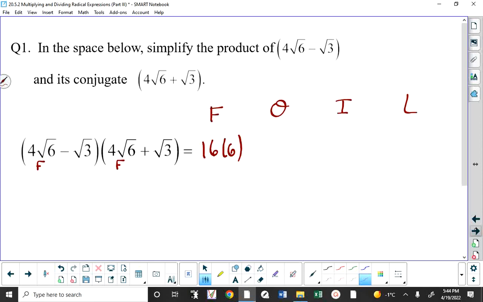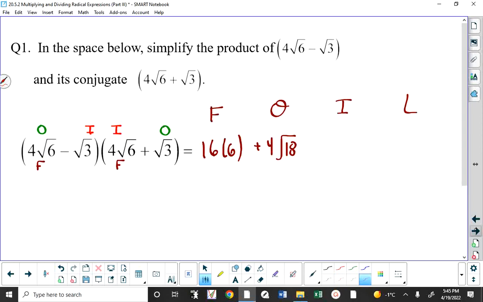In terms of my outer, that would be the product of this term and this term, so it's 4 root 6 times root 3, which will give me 4 root 18. I can multiply the root 6 by the root 3 to get root 18. My inner is the product of these two, and that's going to give us negative root 3 times 4 root 6.